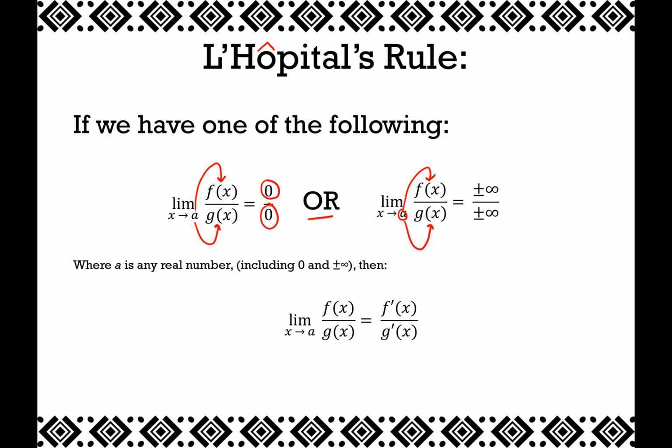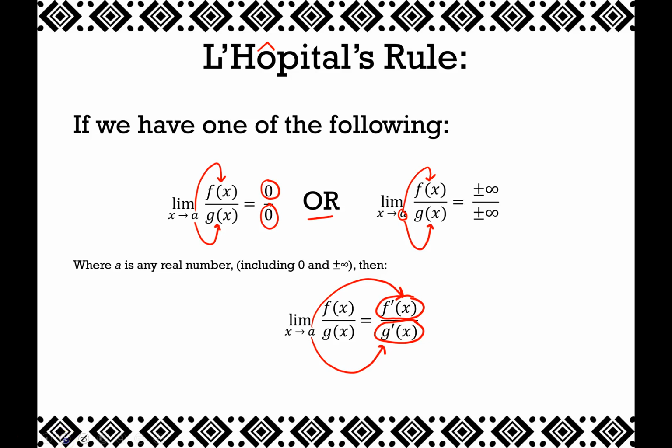It says that if this happens, you can just take the derivative of the numerator and then the derivative of the denominator, and then plug a into both, and you'll get your answer. Again, if you get 0 over 0, or infinity over infinity, or negative infinity over infinity, then you can just take the derivative of the numerator and denominator and then plug in the a.